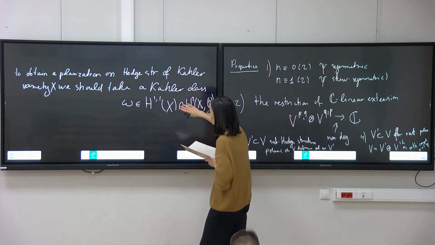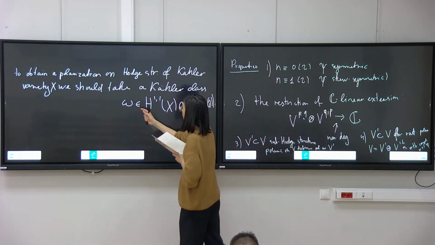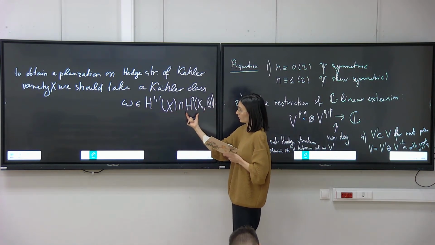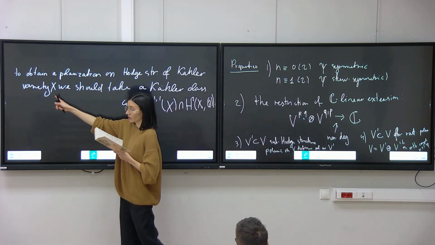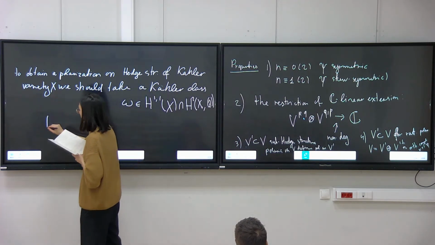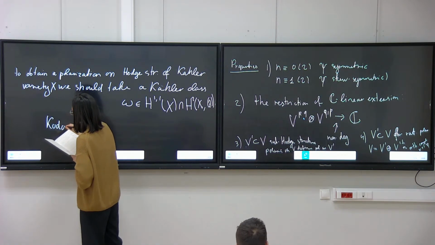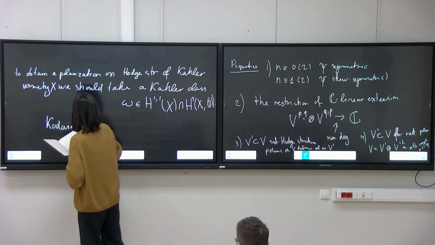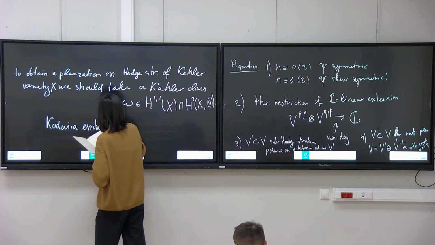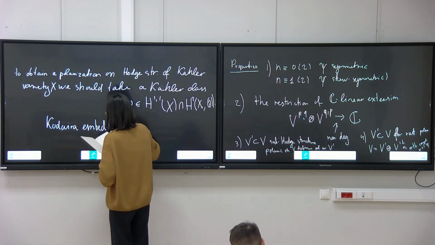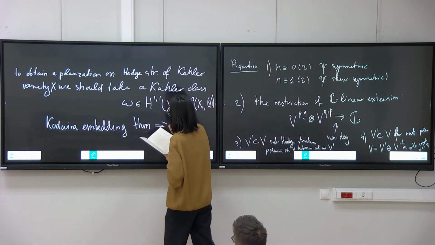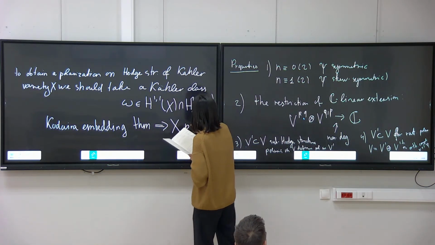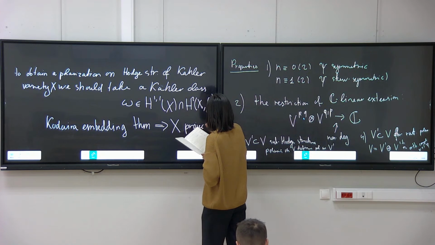If we have a rational Kähler class, then the corresponding variety X is projective, and this is called the Kodaira embedding theorem, which implies that X in this case is projective.